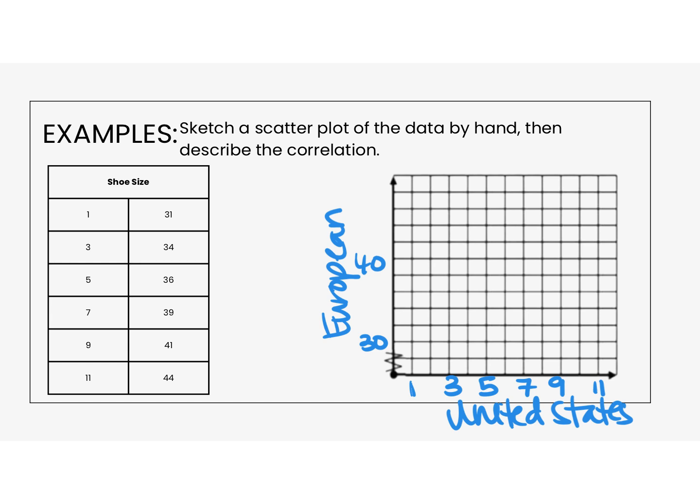So I'm going to graph my first ordered pair as 1, 31, second ordered pair as 3, 34, third ordered pair as 5, 36, 7, 39, which is right here, 9, 41, and 11, 44. And then since it's a scatter plot, I just leave it, and that's it. Okay, so that's it for 1.5, which is just scatter plots and correlation.